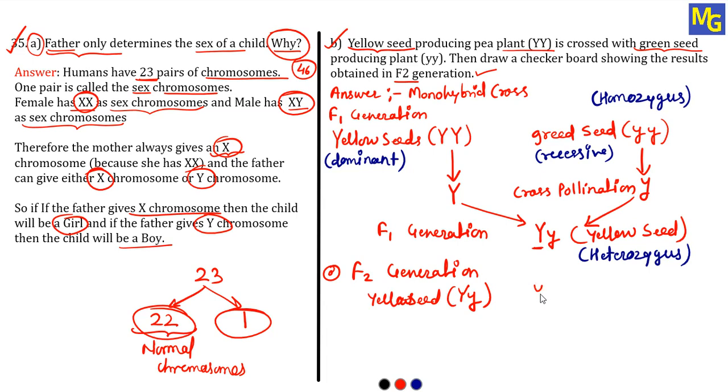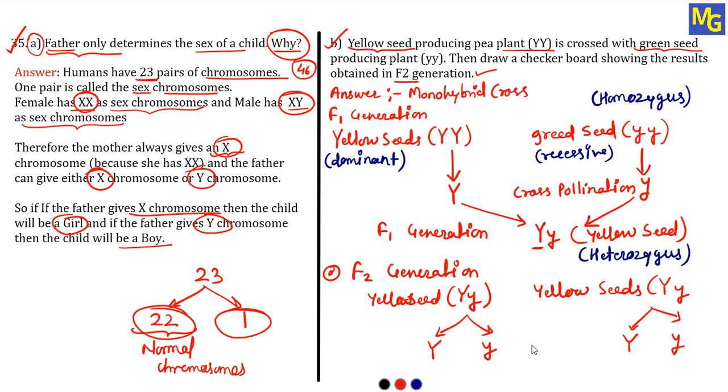So now let me write it separately here to show it clearly. So yellow seeds, and this will be again capital Y, small y. Here we are going to get genes, that is separately capital Y, small y. Here also we are going to get capital Y and small y. Now in these two plants we are going to cross it.